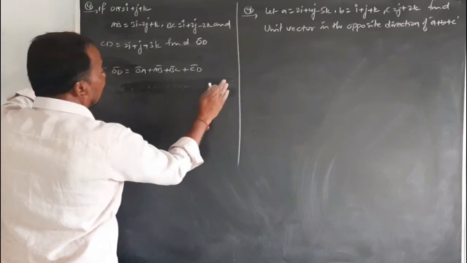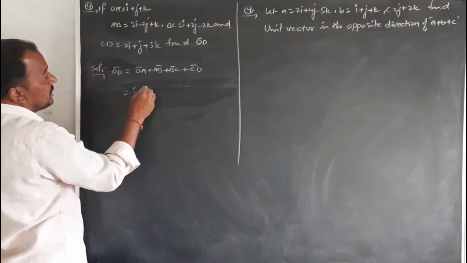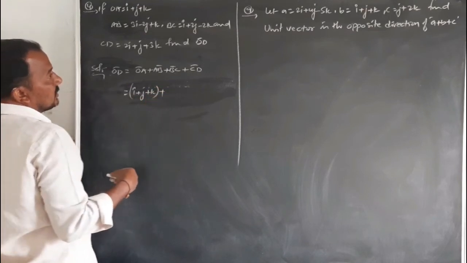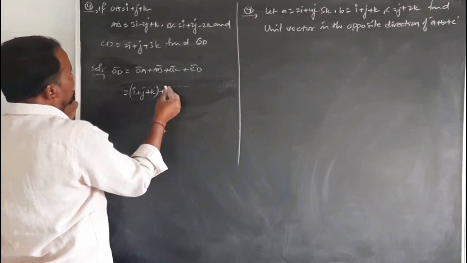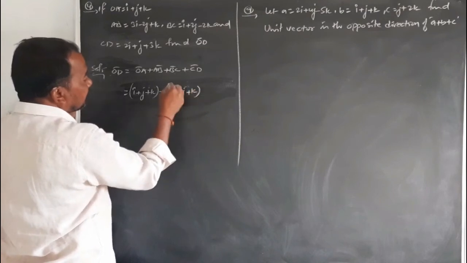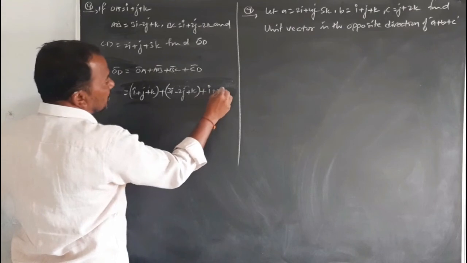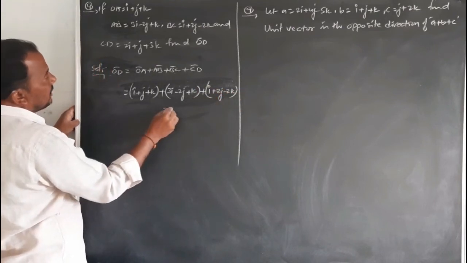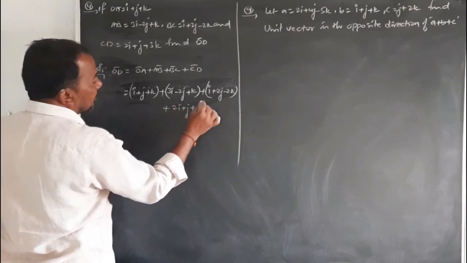What is OA? i plus j plus k, plus AB 3i minus 2j plus k, plus BC i plus 2j minus 2k, plus CD 2i plus j plus 3k.